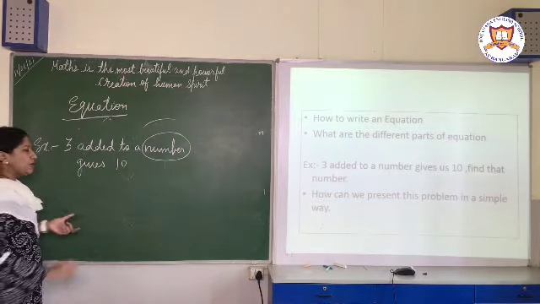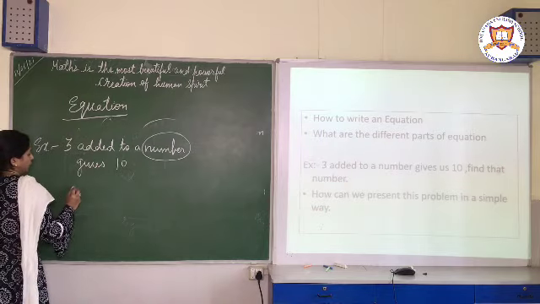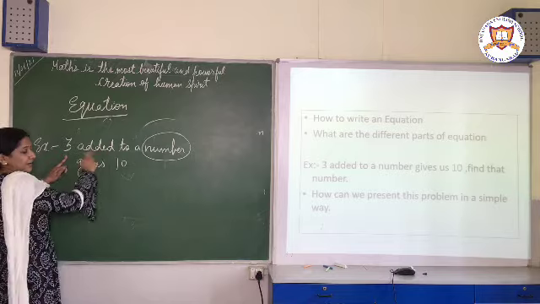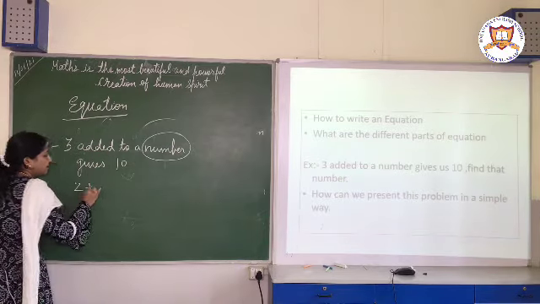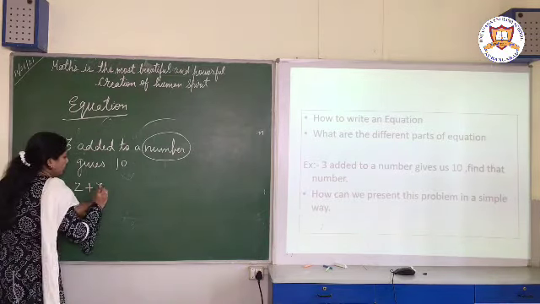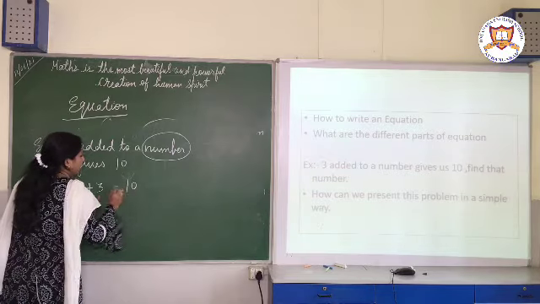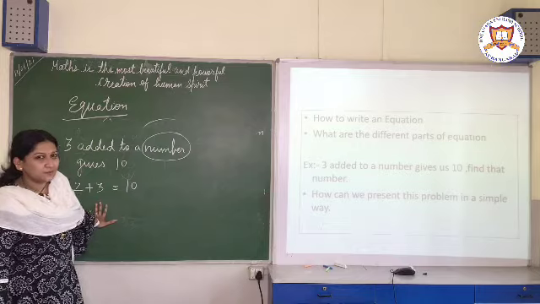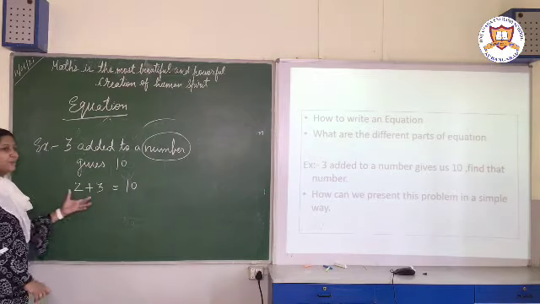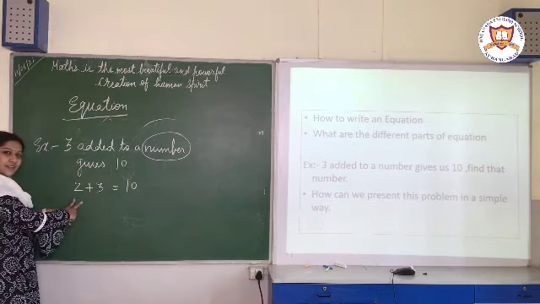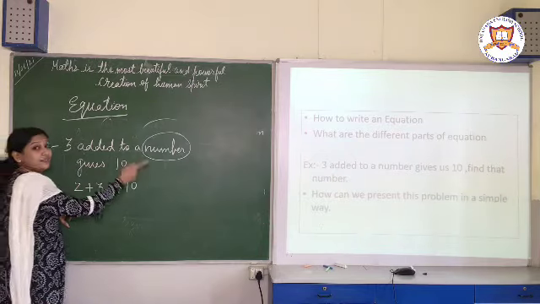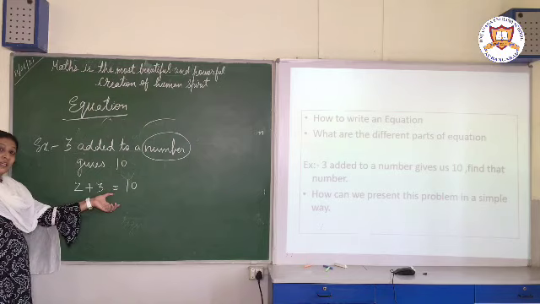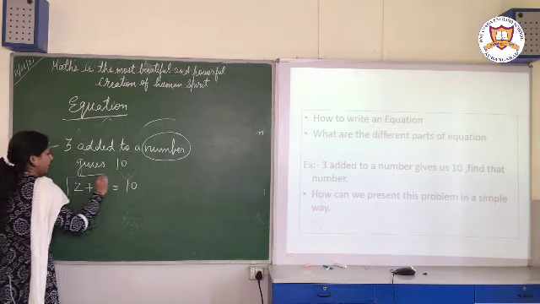This is unknown to us, so we'll assign a variable to it, suppose Z. Okay. Now 3 added. Added means we'll take the addition sign. To 3 gives you 10. Again one more question. Is it an equation? Yes, it is an equation because it has a left hand side and right hand side, and it is separated by an equal to sign. Okay.